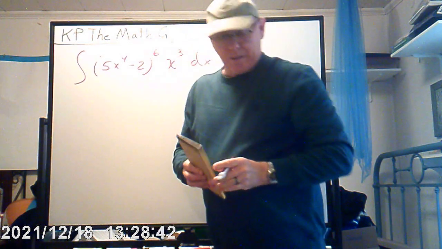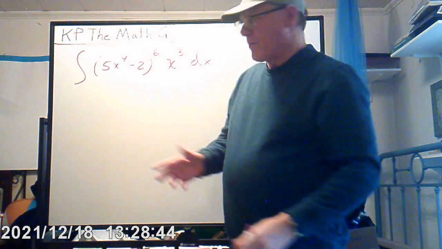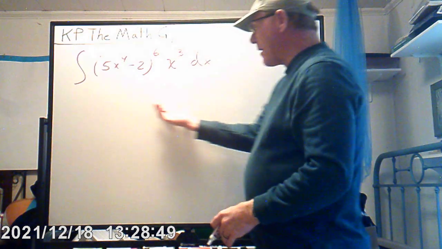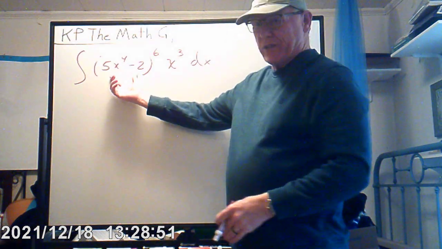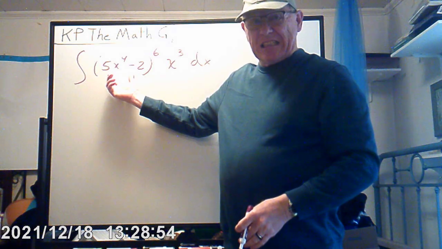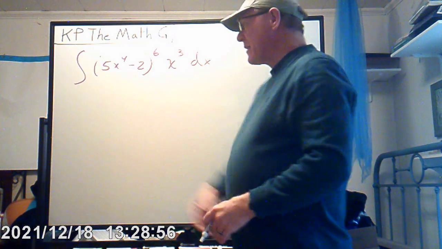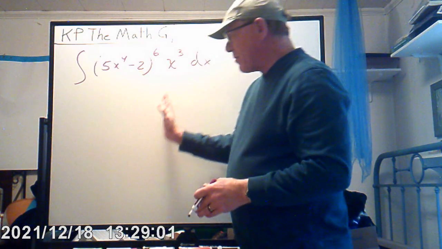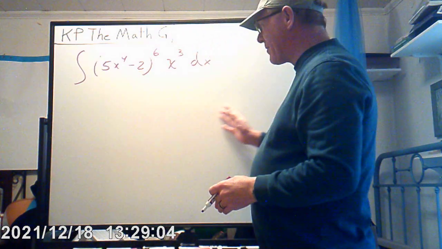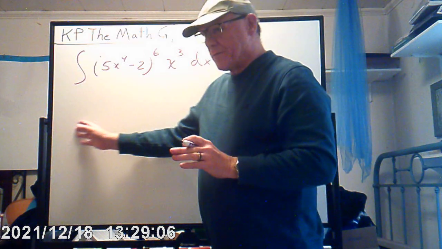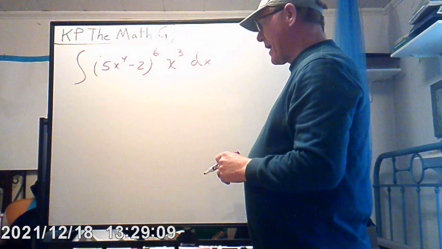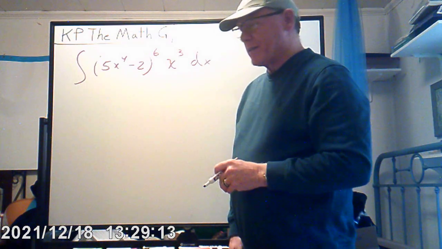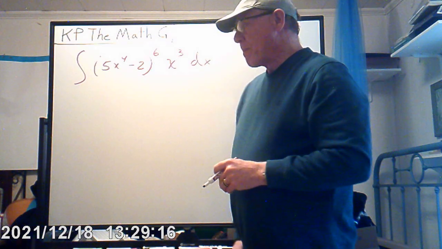Now guys and girls, maybe we can apply the binomial theorem and expand this, multiplying it by itself 6 times, and then multiplying that result by x to the third and have a whole bunch of terms. And I'll tell you what, I'm not doing that. Substitution is far easier than trying to figure out what this is.